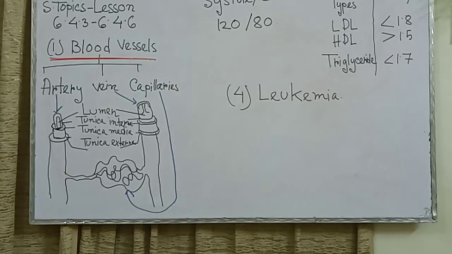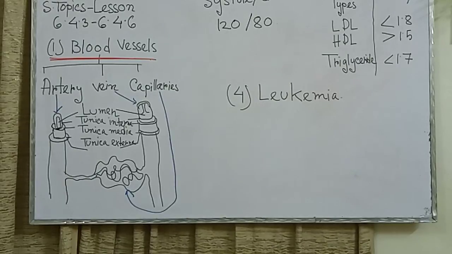Next is capillaries. What are capillaries? The hair-like small delicate blood vessels visible in the muscle fiber are called blood capillaries. These connect with the smallest artery on one side and the vein on the other side.